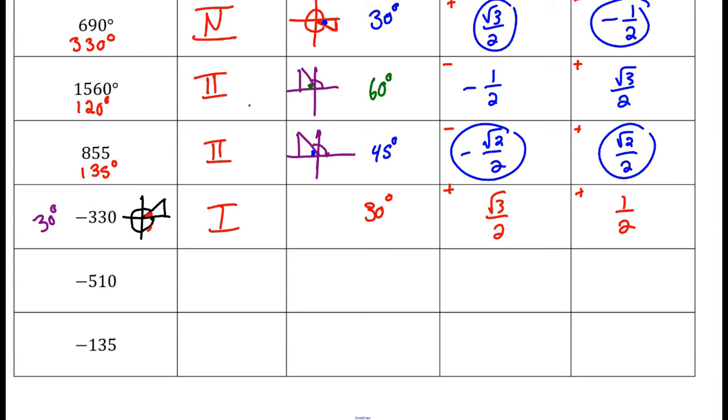Negative 510. I'm just going to keep adding 360 to make that a positive angle measure. Negative 150, I could go from there, but if I add another 360, I'm coterminal with 210 degrees. And 210 lies in quadrant 3.